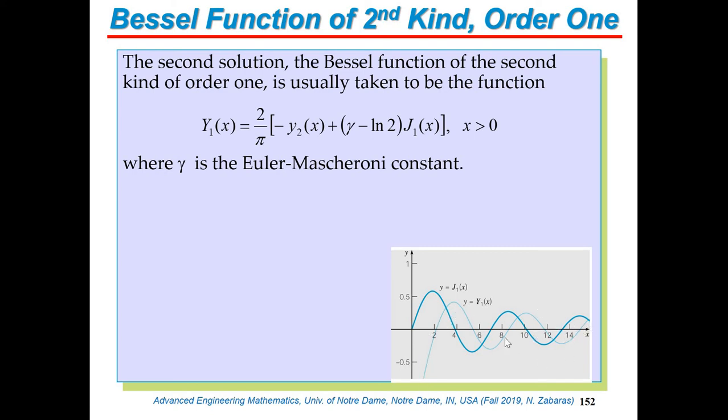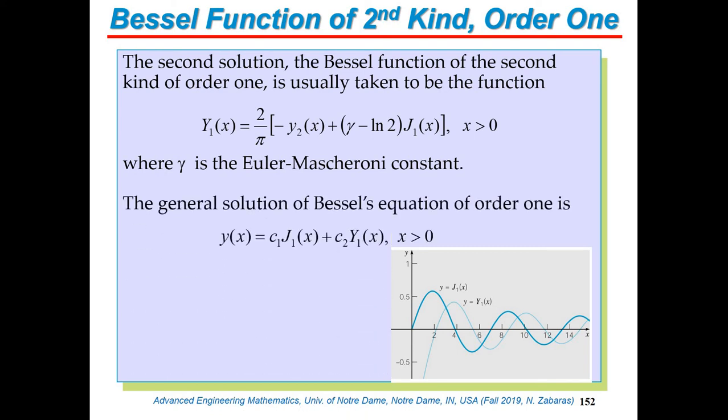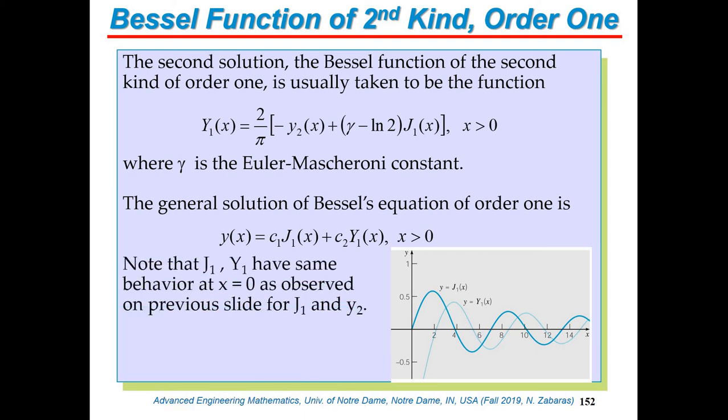And apart from that, you can see that the nature of these Bessel functions for the Bessel equation of order 1 is similar to what we discussed before. The general solution, again, is a combination of J1 and Y1.